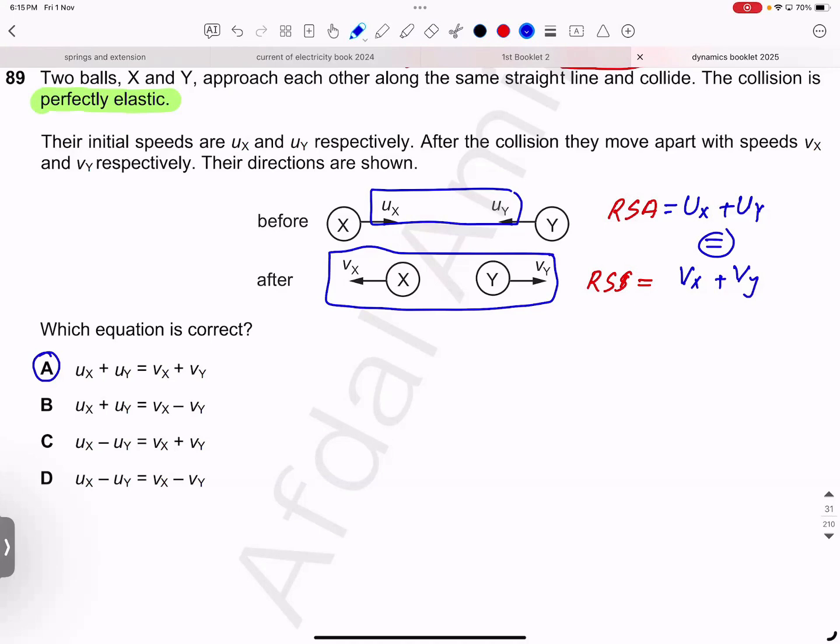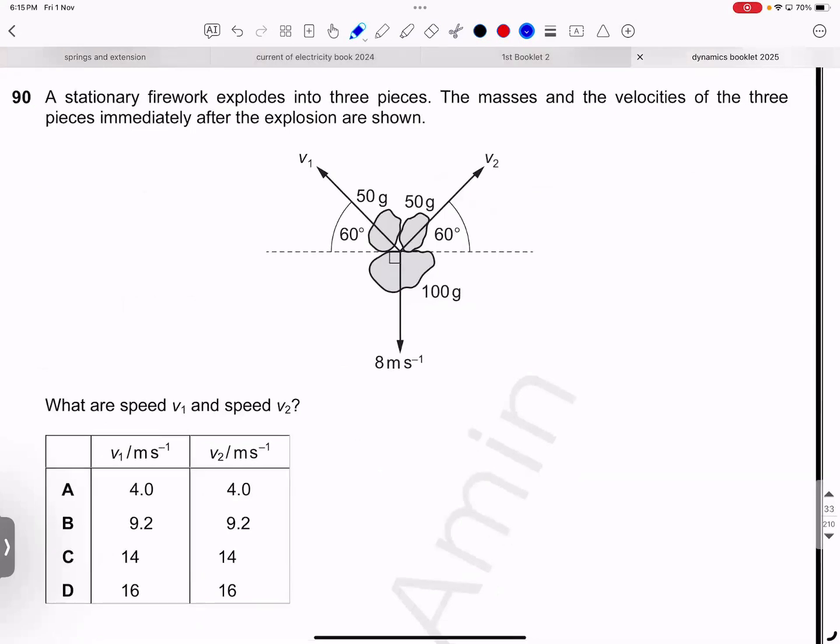Now let's go to question number 90, my dear students. You know, the principle of conservation of momentum is applicable to colliding particles, nuclear reactions and decays, plus explosions. This one is an explosion. It is a stationary firework.